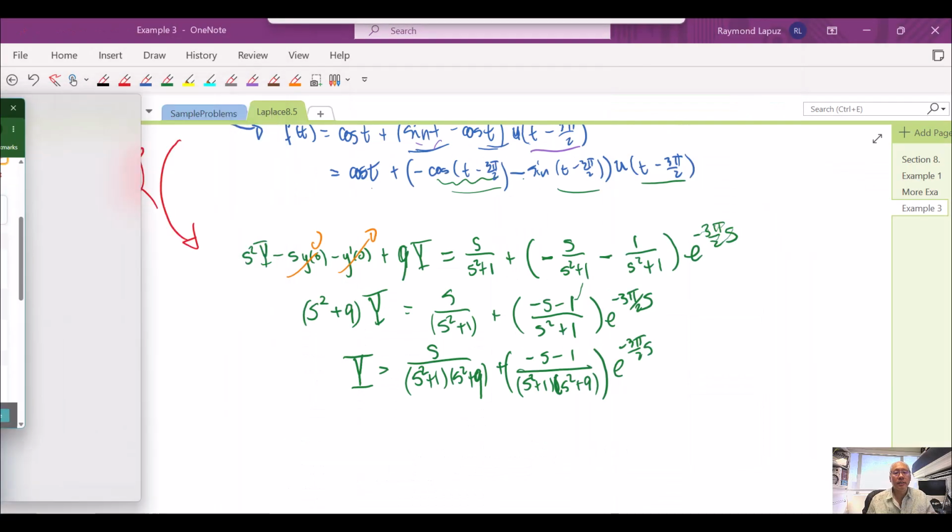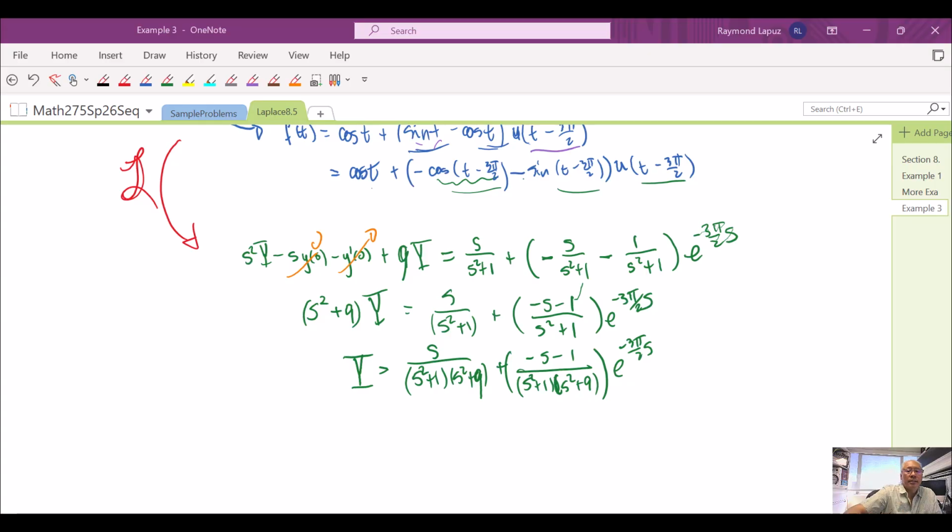So I'll rewrite that. Here, y is equal to 1/8 s over s squared plus 1 minus 1/8 s over s squared plus 9.